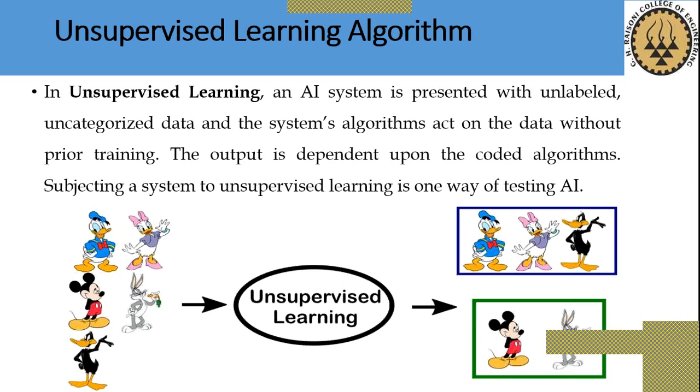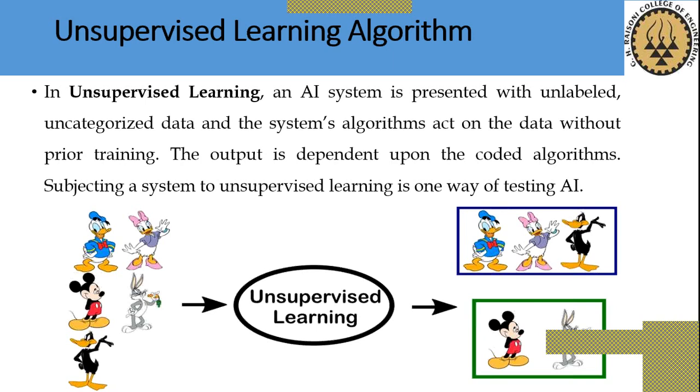That is, one category, category A, which has some similarities, and in category B, the elements don't have any similarity, so we are keeping them in a green box. And the elements having some similarity, we are keeping them in one box, that is the blue box.